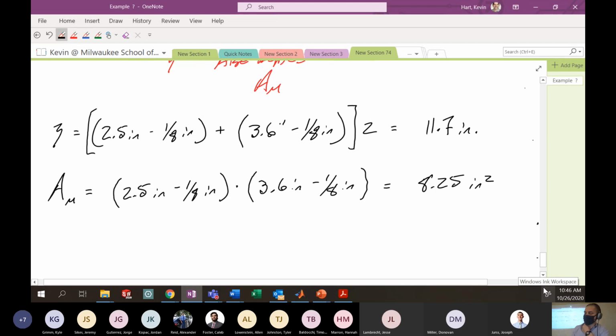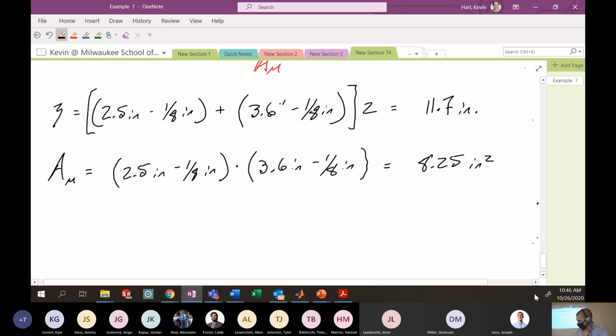Now I'm ready to input the equations directly. The equation that we wrote is that the shear stress is the torque divided by 2 A_M t. We want to rearrange this to solve for maximum torque.